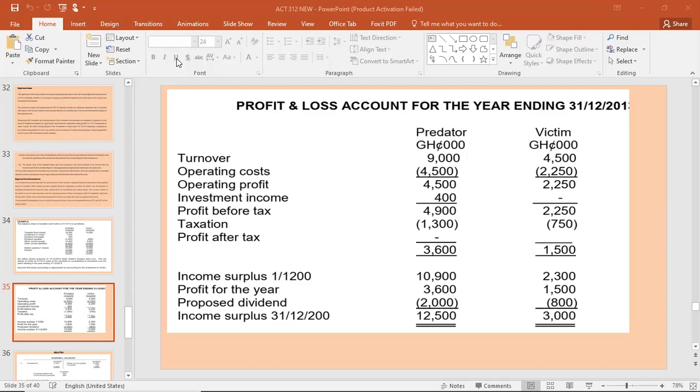So when you add 10,850 plus 3,950 and subtract the 2,000 proposed dividend by predator, you get how much? 12,800. So that is how your income surplus account will look like.